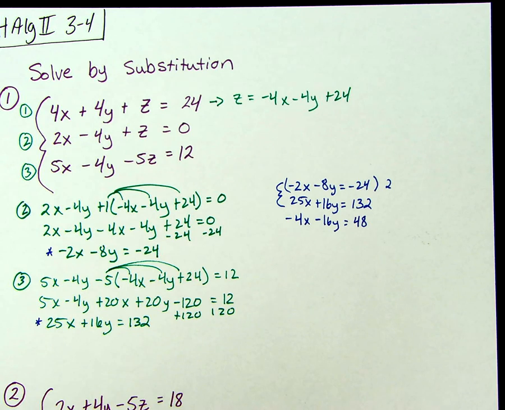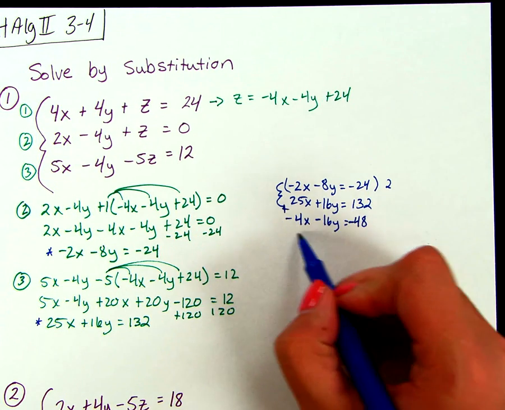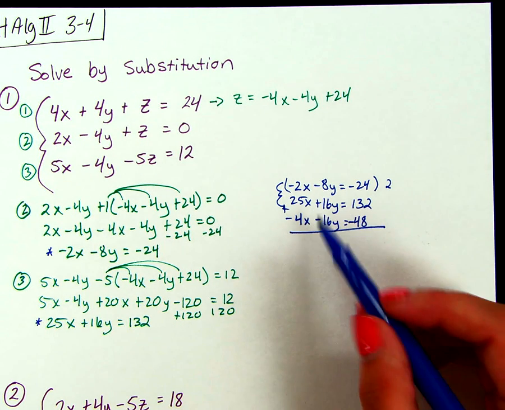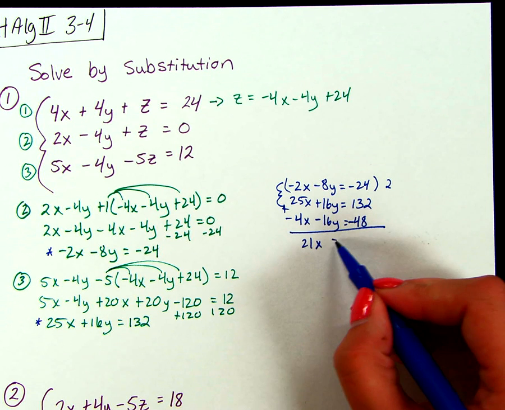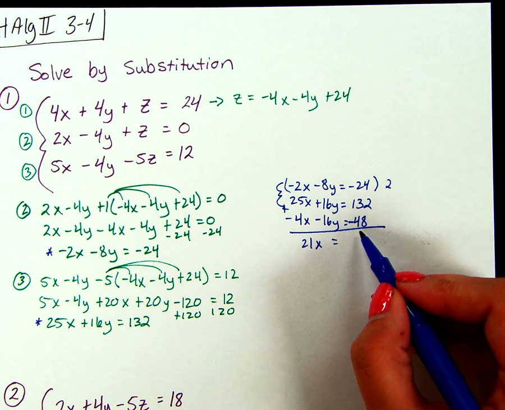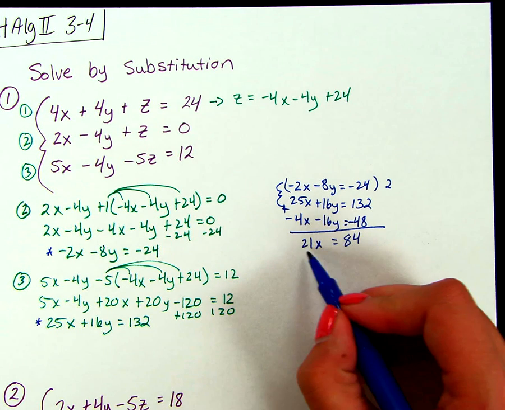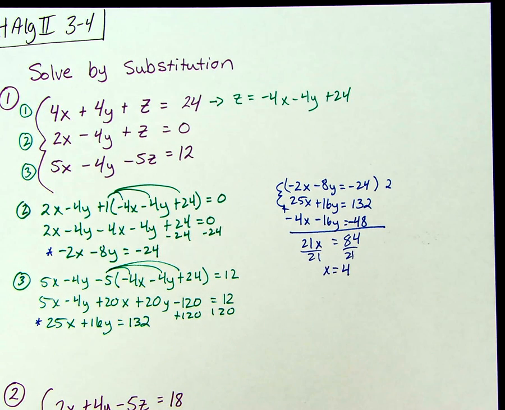Now we are going to add these together. 25 minus 4 is 21x, and then our y's cancel. 132 minus 48 is 84, and then we divide both sides by 21. So x will be equal to a positive 4.